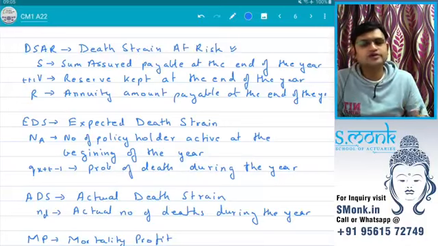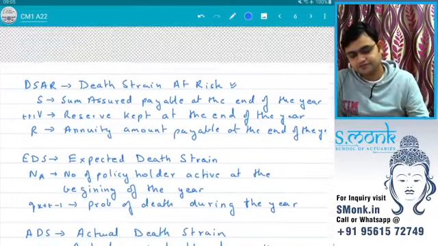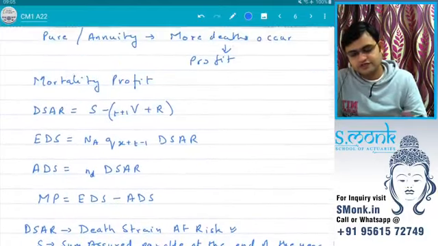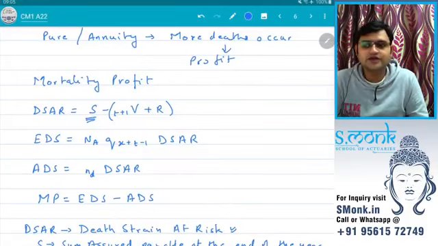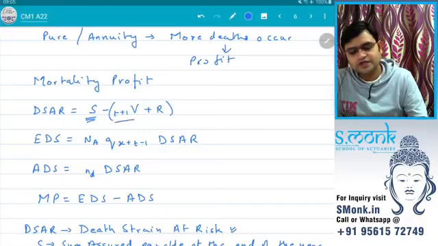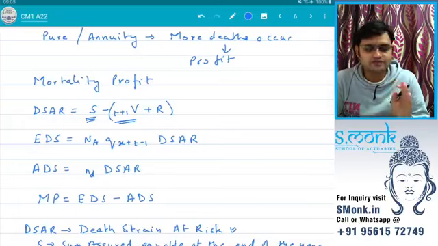So we'll say how much strain the company incurs if a death occurs. The company has to pay the sum assured, the death benefit that was promised. Then the company does not have to keep reserve for the next year, because the person is not active anymore; we keep reserve only for the people who are active.